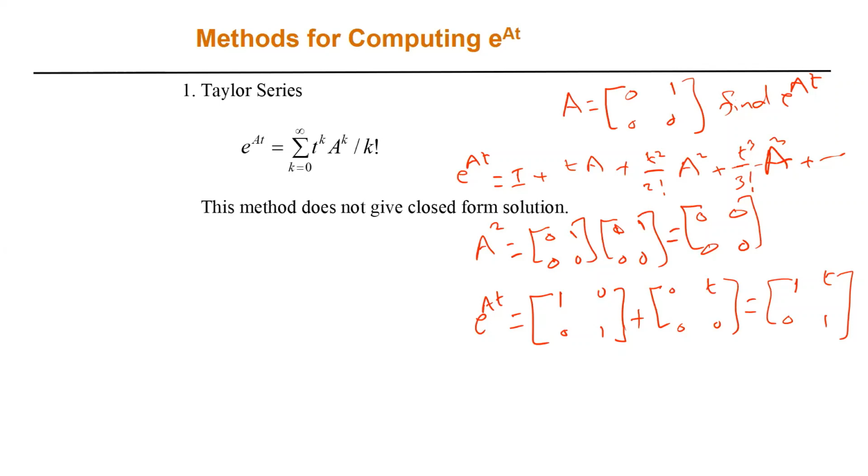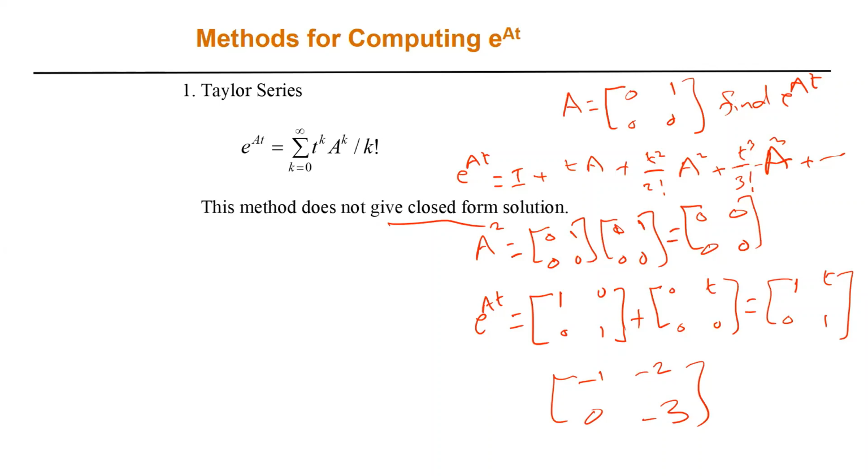Okay. Now, the problem with this method is that even though in theory it's fantastic, suppose A is [-1, -2; 0, -3]. If you use the Taylor series expansion, there is no guarantee that you will have a closed form solution.